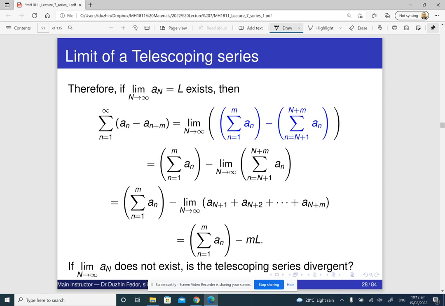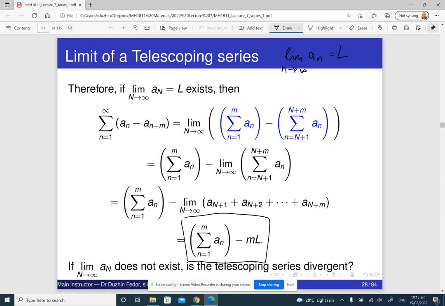Which is why we get this answer, right? So if the limit of our sequence an as n goes to infinity is some number l, then when we take the limit in the partial sum of our telescoping series, we get the sum of the first m terms, which is just a constant, minus m times that limit, right?